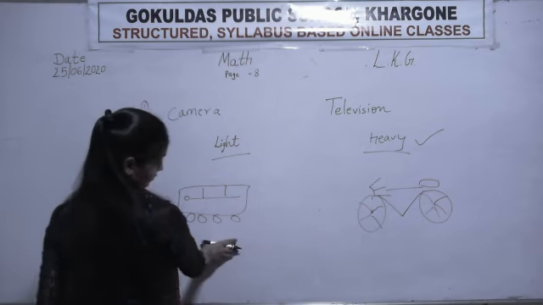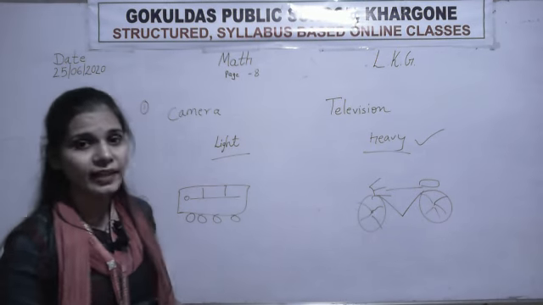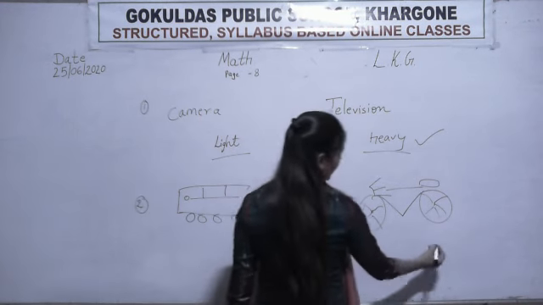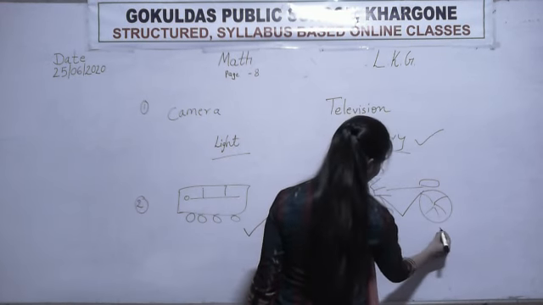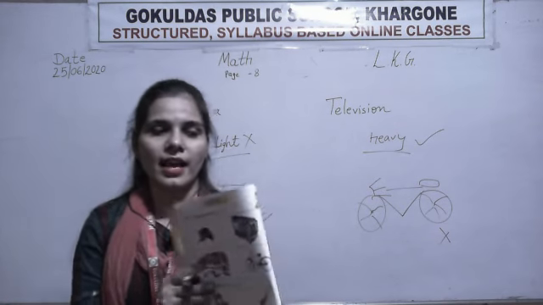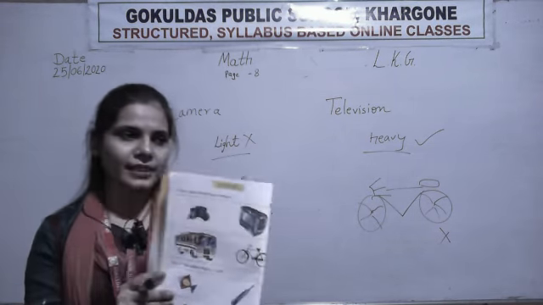Okay, bus is heavy in weight, so tick the heavy, and this one is light in weight, so cross the light one. Tick the heavy and cross the light.